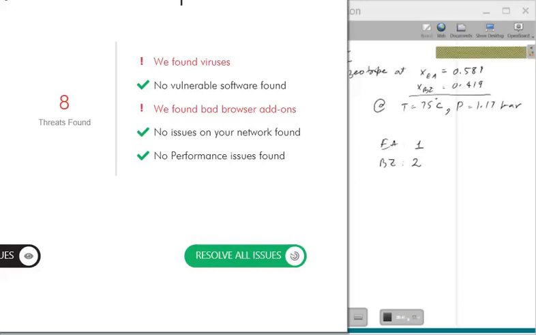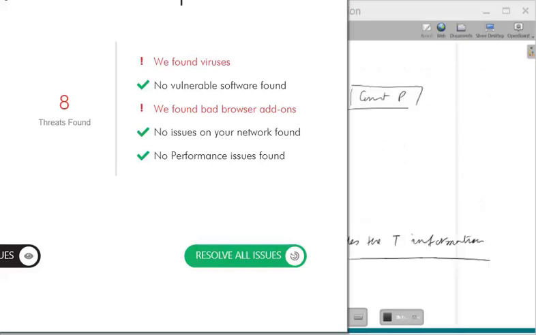Okay, so let's say you want to find out a constant pressure XY curve. Remember this curve: a constant pressure curve will give you one kind of x and y, and a constant temperature curve will give you another kind of x and y, so that has to be kept in mind.